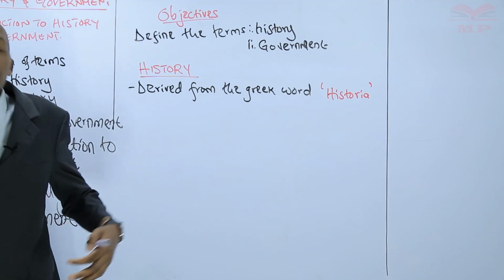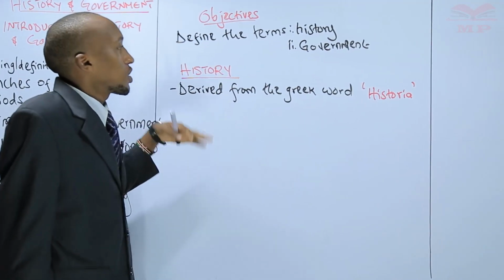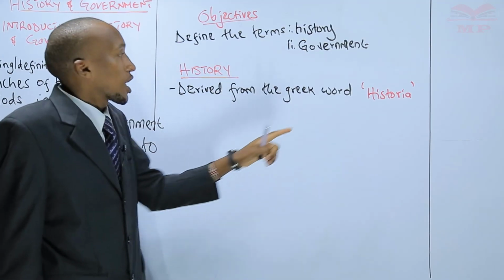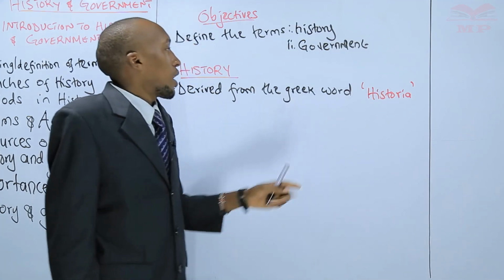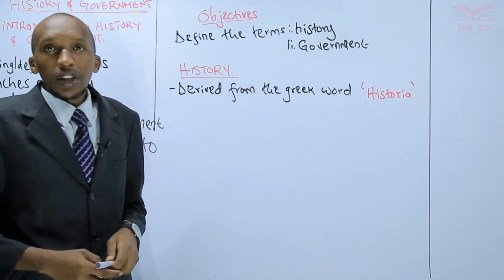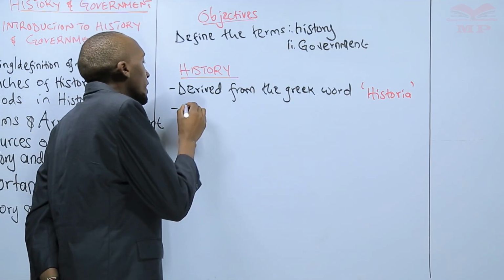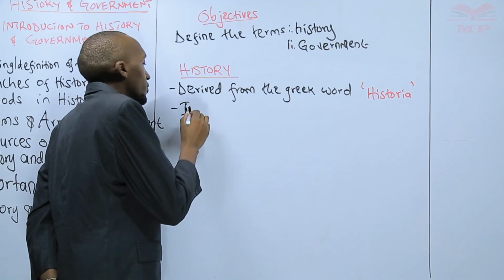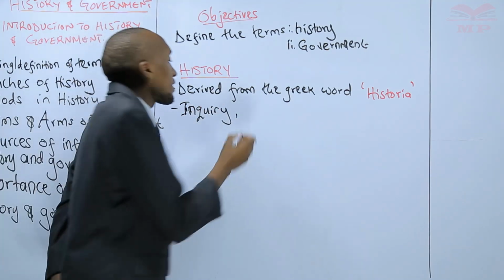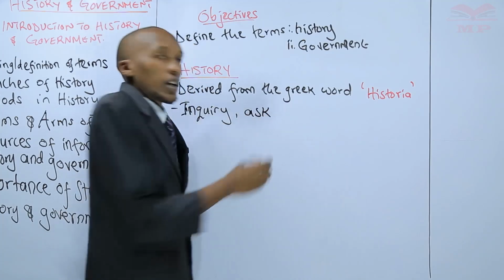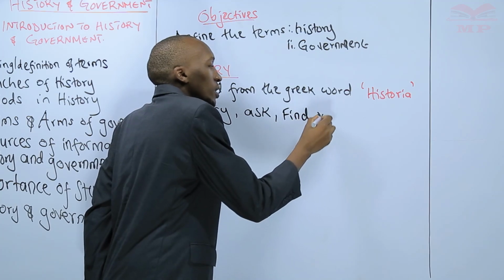So history as we know it is an English word. But the original source of the term history comes from a Greek word, which is known as historia. And what does historia mean in the Greek language? It means an inquiry, which also means to ask, or you can also say to find out.